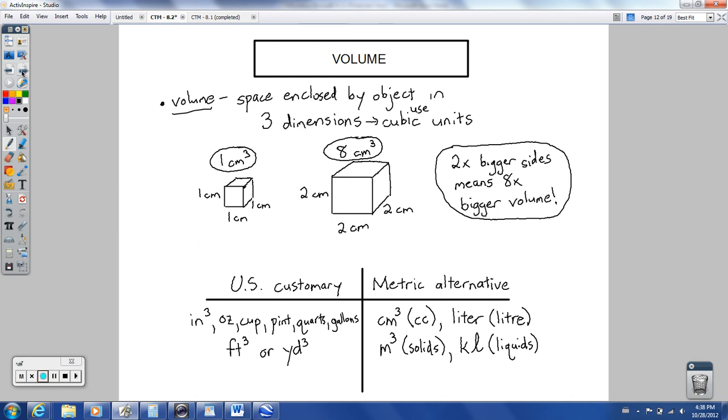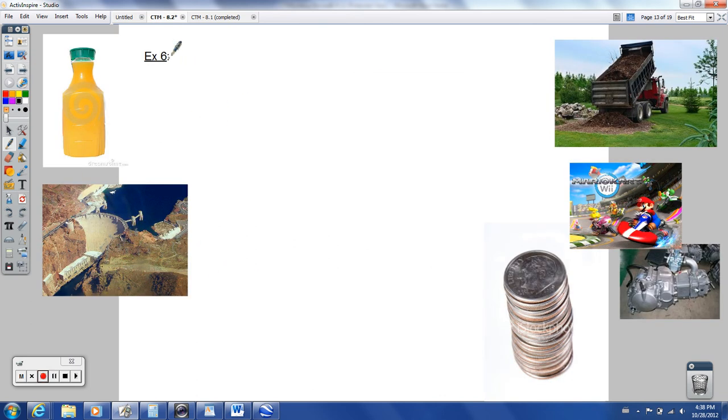So let's go on to our sixth example and write this down for me. Determine what's most appropriate to measure the volume of these things.